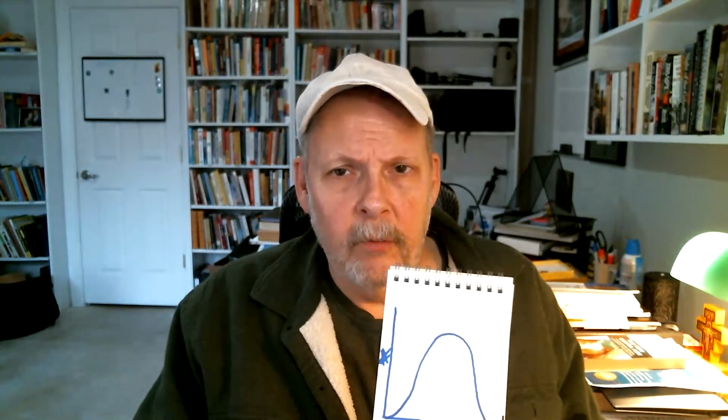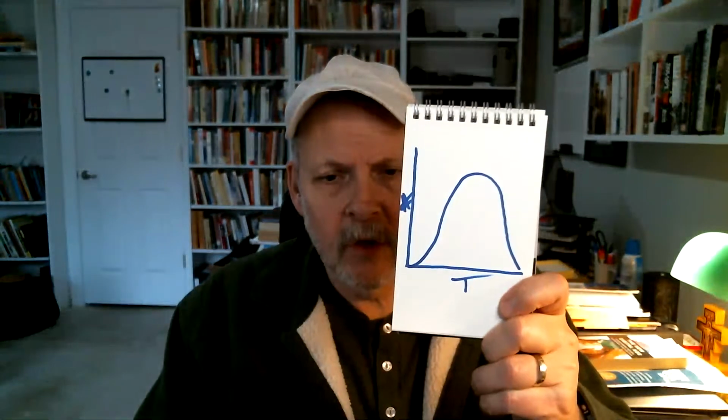Okay, the variance, the sample variance, measures the dispersion of data from the mean. Okay, I need a handy illustration here. So we're going to use our handy pad. All right, so here we have a bell curve, just like this.